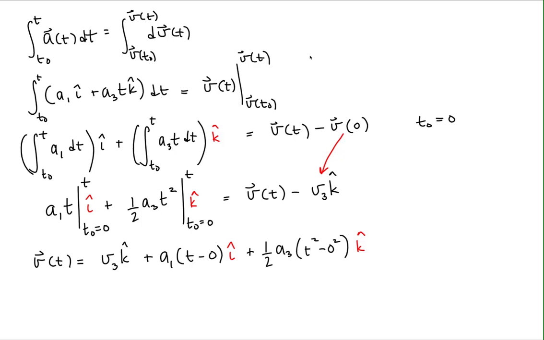So let's group terms and simplify, beginning with the x component. The x component of my velocity is the product of a1 times time. For the z component of our velocity, I have the sum of v3 plus 1/2 a3 times time squared.